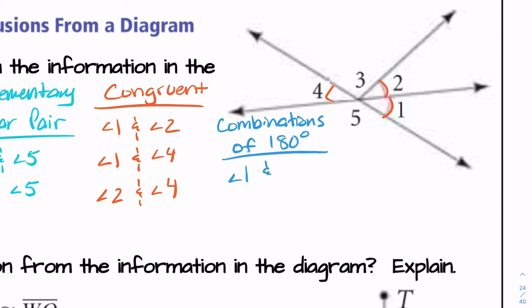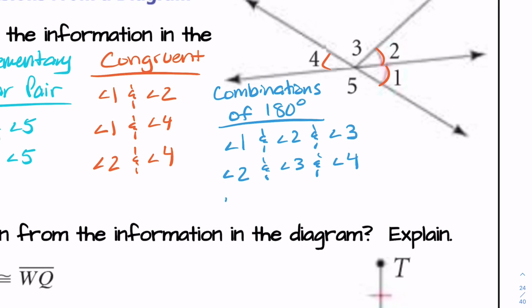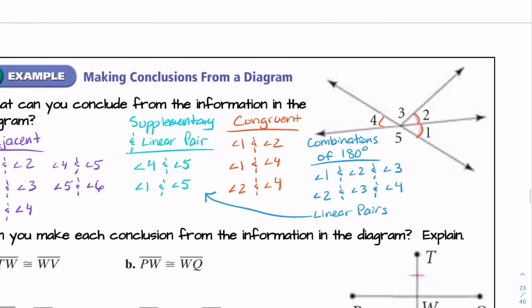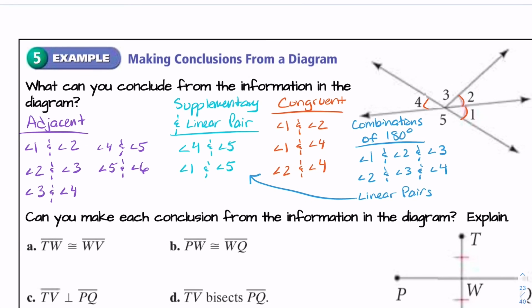Angle 1, there we go. And angle 2 and angle 3, they add up to 180. I'm not saying supplementary, I'm just saying add up to 180. Angle 2 and angle 3 and angle 4. Okay. The linear pairs are already listed, so I'm not going to list them again. Yeah, I mean, there's probably more, but I think that's good. We're just listing a few things that are known that we see here.